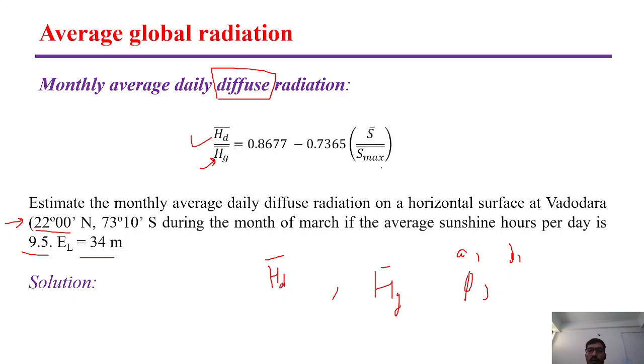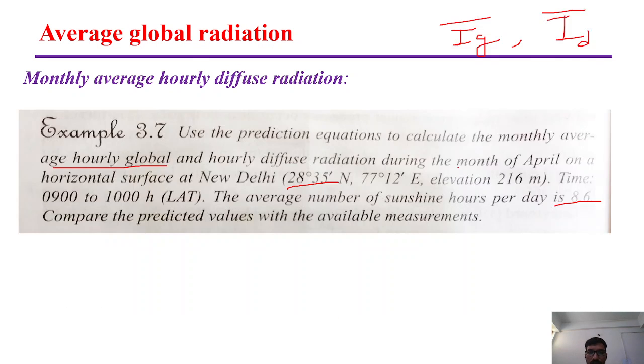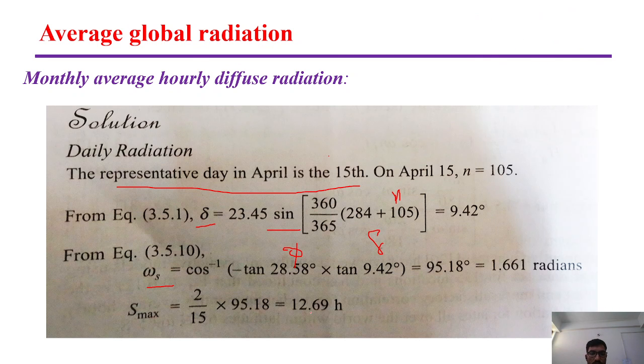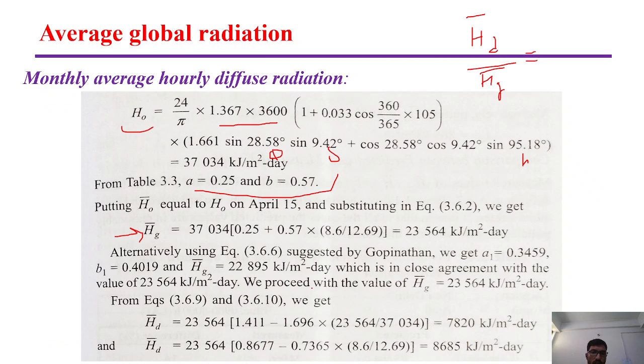S bar is given. For S max we need the value of omega s, which we calculated as 95.18, so S max is equal to 95.18 into 2 divided by 15. The value of S max is 12.69 hours.